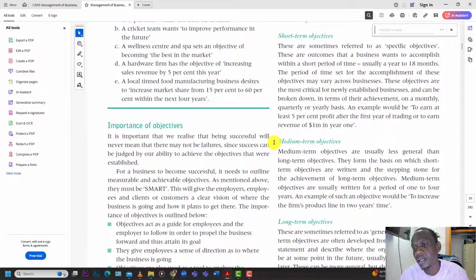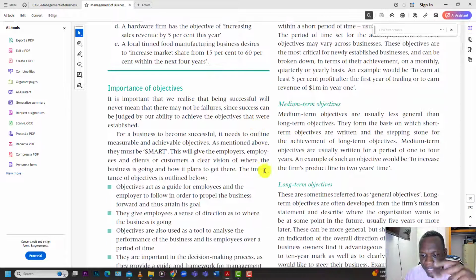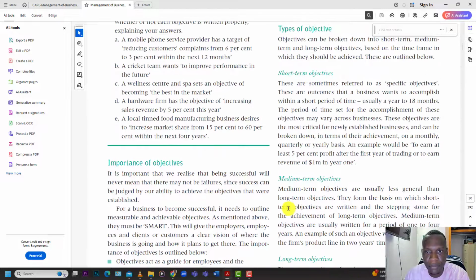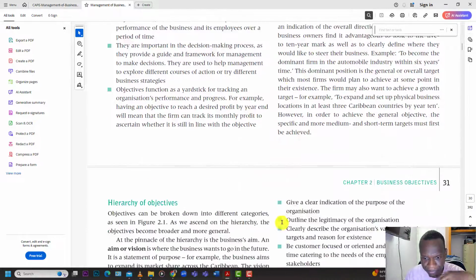But normally for short term, we're talking about a year to 18 months. For medium term, we might be looking at 1, 2, 3 years. For long term, we're looking at 4 or 5 and above. So those are some different time frames with these objectives.